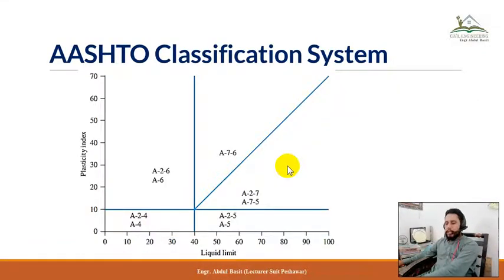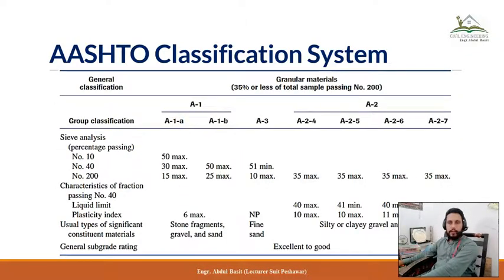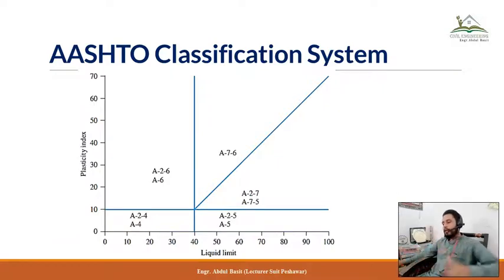Here is a chart. This is again for the AASHTO classification system, and this chart shows the same values which are shown in the tables. It is drawn between two values, liquid limit and plasticity index. These are the two parameters used to draw these lines.